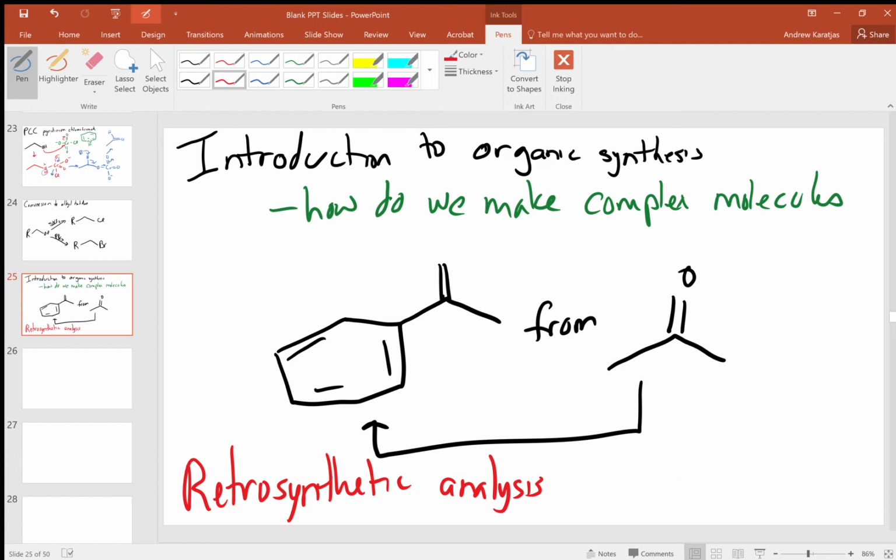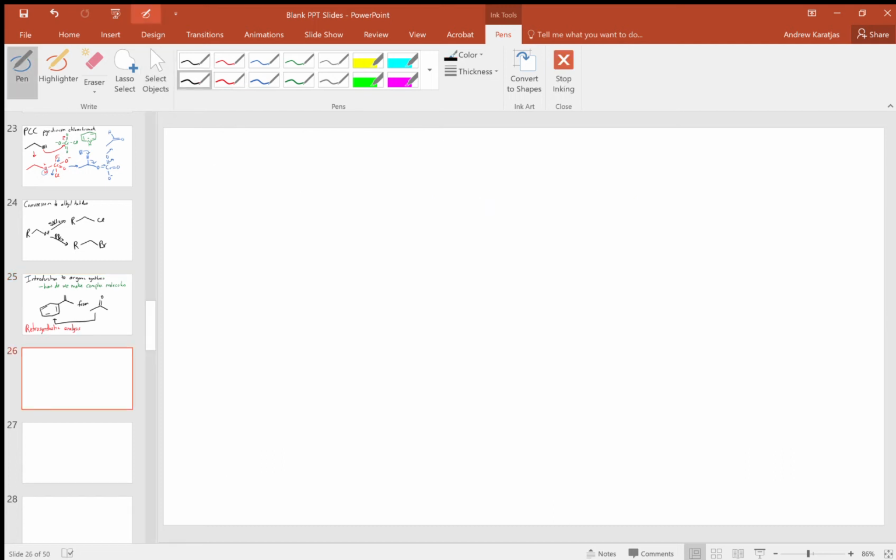And it becomes a little bit easier to think about it in terms of what we need to add to get back in that direction. So let's start with this example and look at it in that regard.